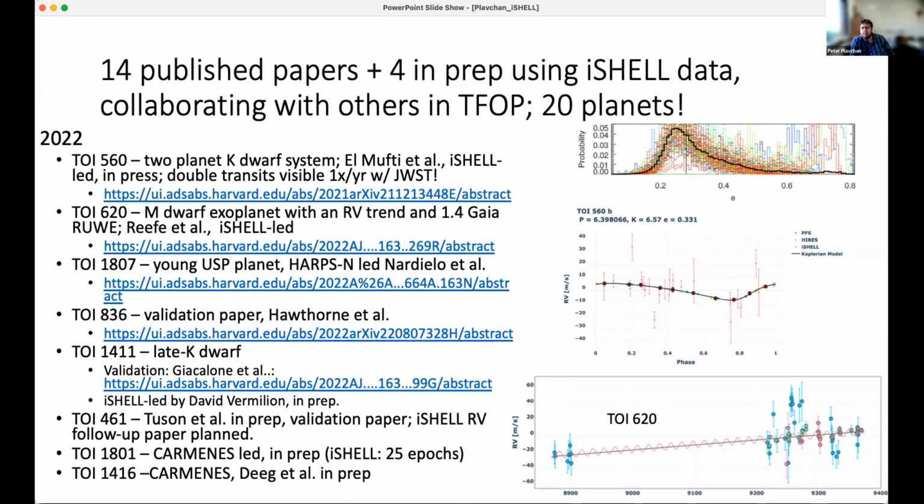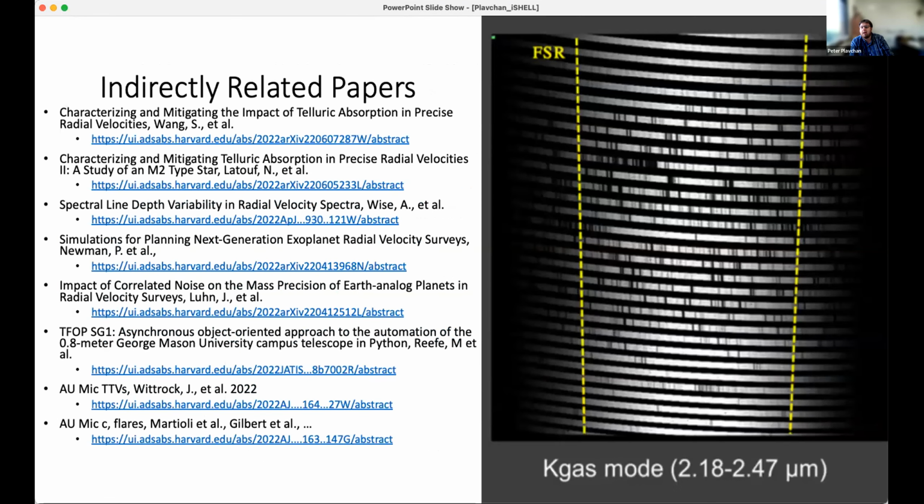Now, we already mentioned TOI 620 in the previous talk, as well as some of these others that we heard from Amy earlier today about TOI 461. We have a nice iShell RV follow-up on that system that'll be coming after her paper, as well as a bunch of indirectly related papers that have come out of the group as a result of the work that we've been doing with iShell and TFOP, including mitigating the impact of telluric absorption, starting to look at spectral line depth variability, and also SG1 work, as shown here.